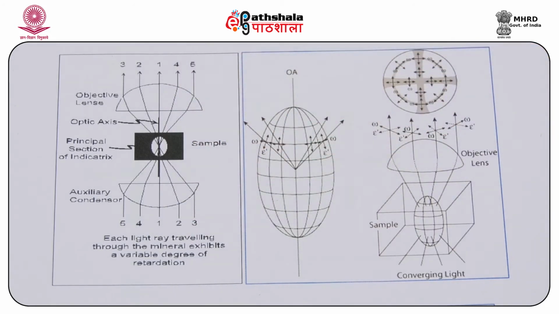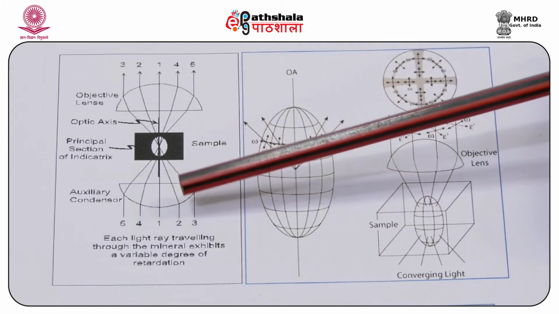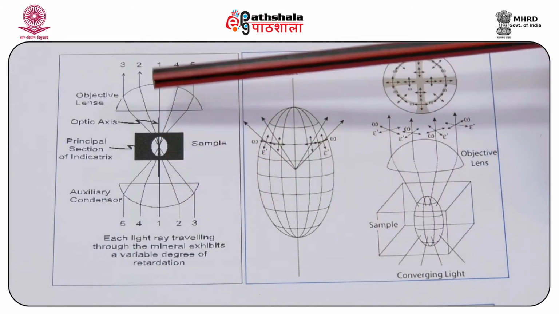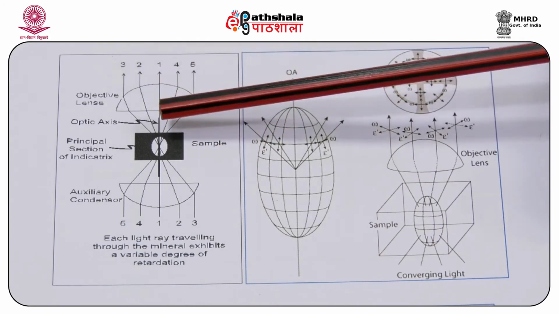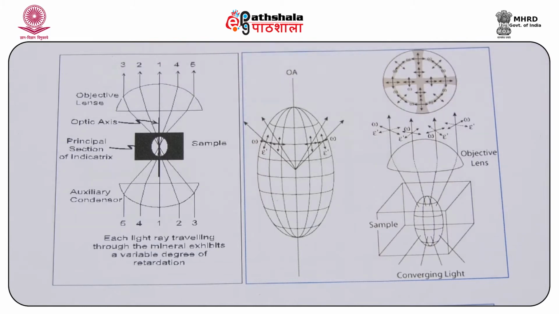But when you see light ray path 2, you will see that it is bending a bit and has to travel an extra distance, and it is coming out a little bit bent upward. That is, it is experiencing a moderate retardation, and likewise the ray following path 3 is at a greater angle to the optic axis, so retardation is proportionately greater.